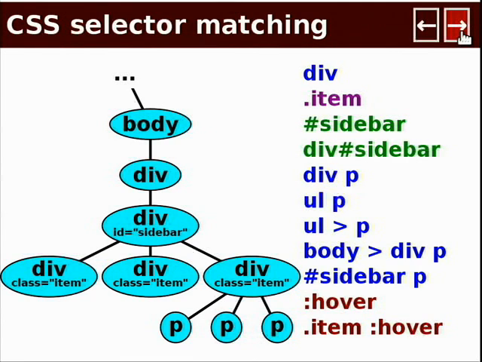So the question is, first of all, how we optimize that, and second of all, what can make that more or less expensive. So I want to briefly step through the unoptimized version of CSS Selector Matching, just so that it's clear how this works, because it says a few things about what types of CSS selectors can be faster or slower.